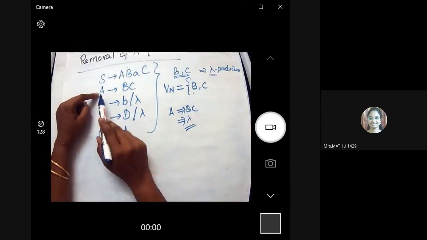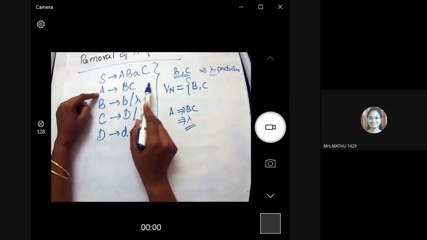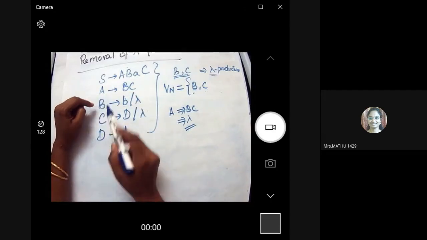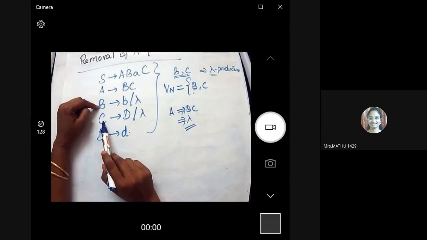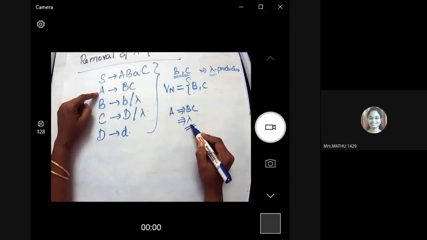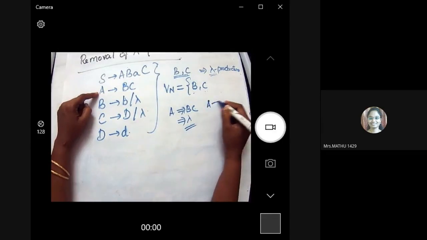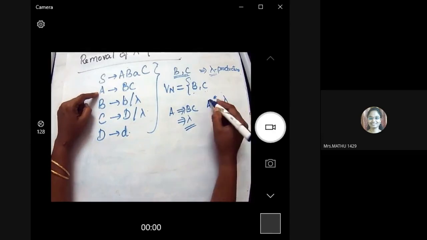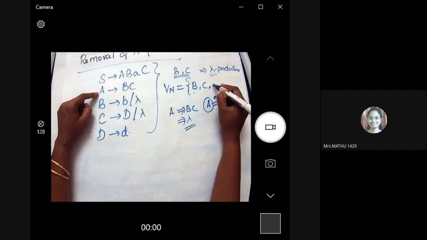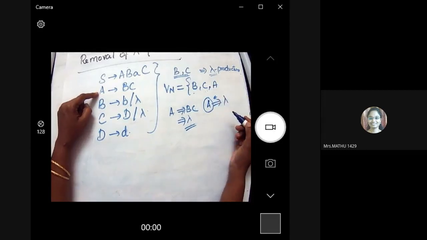A by itself is not a lambda production, but since B and C are nullable variables, when you apply lambda to this production, it derives lambda. That is what we have seen. If A in an arbitrary number of steps is able to derive lambda, then A is again a nullable variable. So now A is also a nullable variable.